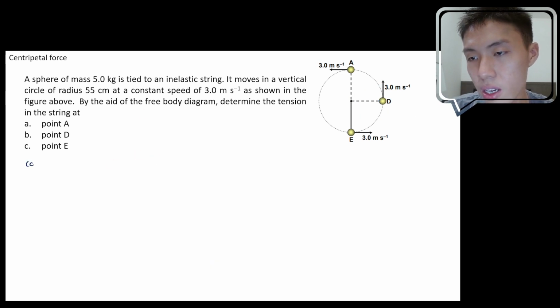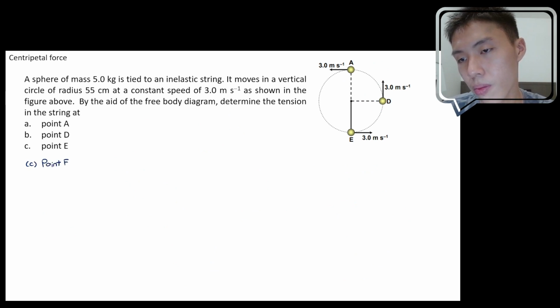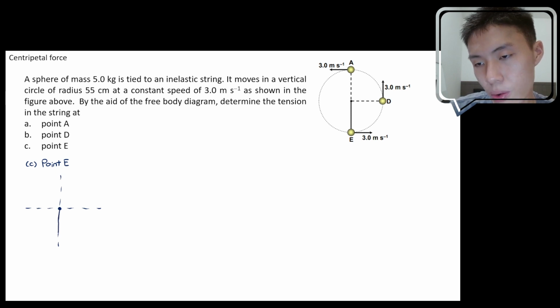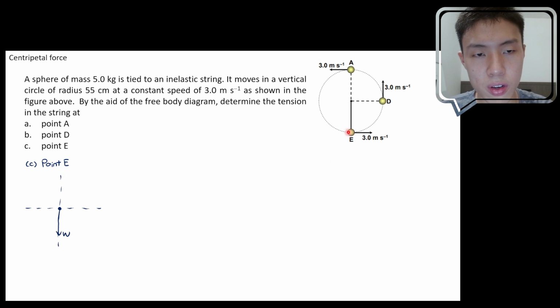At point E, let's again sketch a free body diagram. Okay, you have your weight pointing downwards, because this object here has mass, but at the same time you know that there's a pull pulling upwards towards the center of the circle, so there will be tension as well.